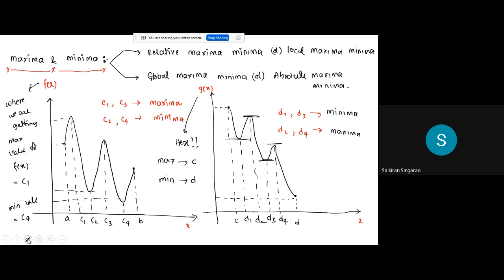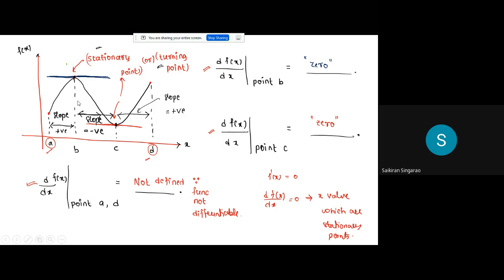Very good. Now, please try to understand this thing. This point is the point where maximum value of the function is happening. This point is the point where the minimum value of the function is happening. Now, if I do first derivative test, what is the meaning of first derivative test? If you do f dash of x, when you do differentiation, you get slopes, right?